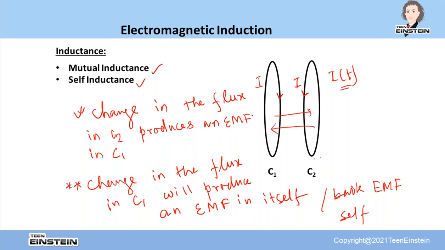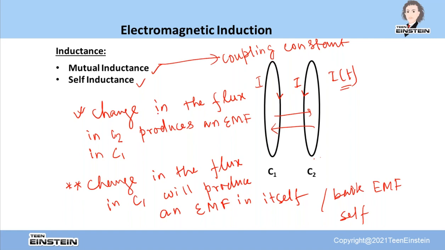If the induction is happening in a coil due to the other coil, the phenomenon is called mutual induction, and the coupling constant between them, because of which one coil is producing an induced EMF in the other, is called mutual inductance.